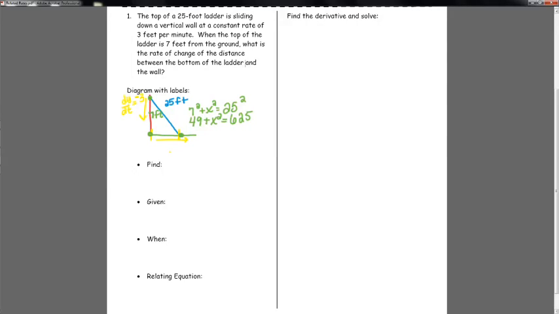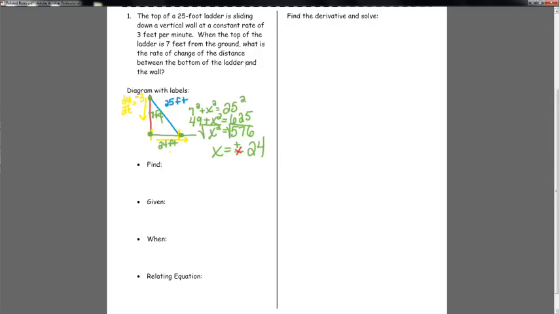If I subtract 49 from both sides, I get x squared is equal to 576. I take the square root, and I get x is equal to plus or minus 24. Well, I can't have a negative length, so I'm going to delete the minus. So I know that at this particular moment of time, we're talking about 24 feet.